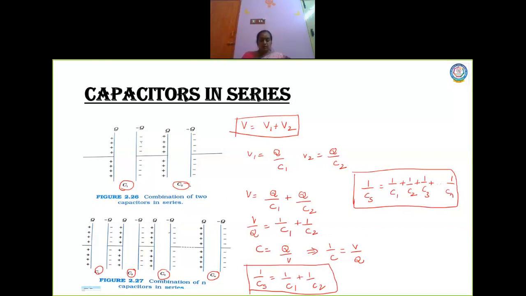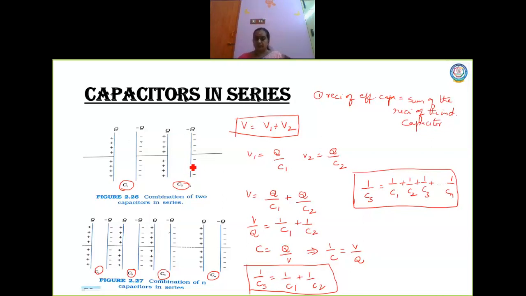Now the reciprocal of the equivalent capacitance, 1 by Cs, is equal to the sum of the reciprocals of the individual capacitances. So the reciprocal of effective capacitance is equal to the sum of the reciprocals of the individual capacitances. So this is the first conclusion.